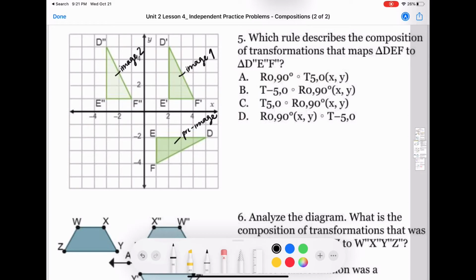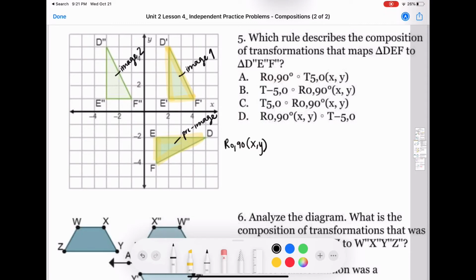So we want to identify how to get from this pre-image to our image 1 first, because that will represent our first transformation. Well, it looks like what we did was apply a rotation about the origin 90 degrees. So that is our first transformation.